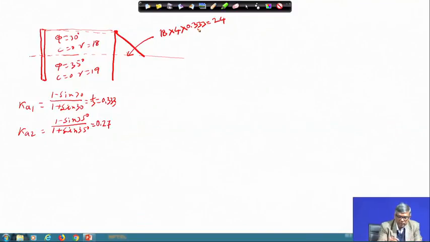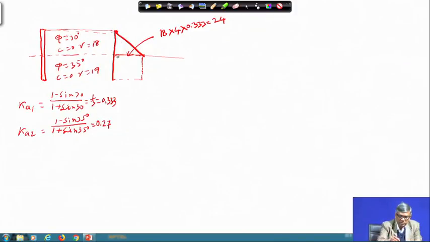Because of this soil, this much pressure is acting here, and at this level you can assume that this is a surcharge. So this will be constant up to this level for this soil. Because of this soil layer, what will be the pressure at this level? This much.